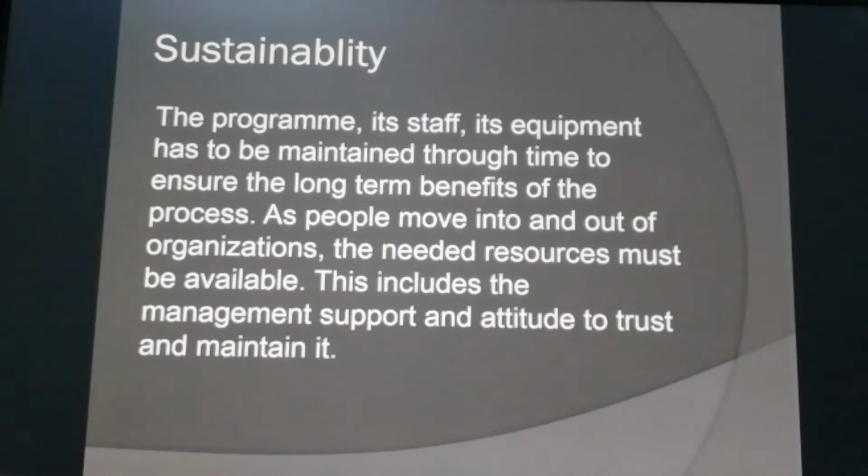And this one is sustainability. The program is staffed, and its equipment has to be maintained through time to ensure the long-term benefit of the process. As people move into and out of the organization, the needed resources must be available. This includes the management support and attitude to trust and maintain it.